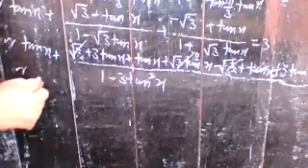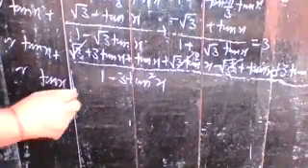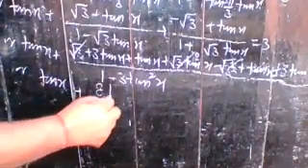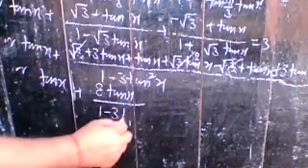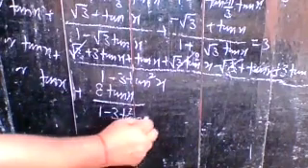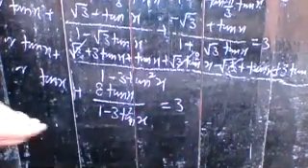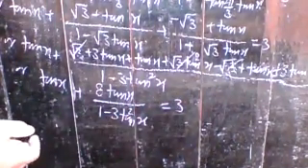You have tan x plus 8 tan x upon 1 minus 3 tan square x is equal to 3. You have a term like that.